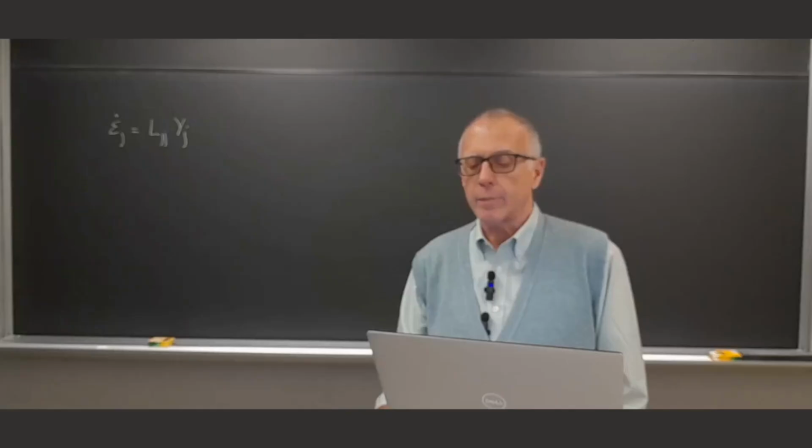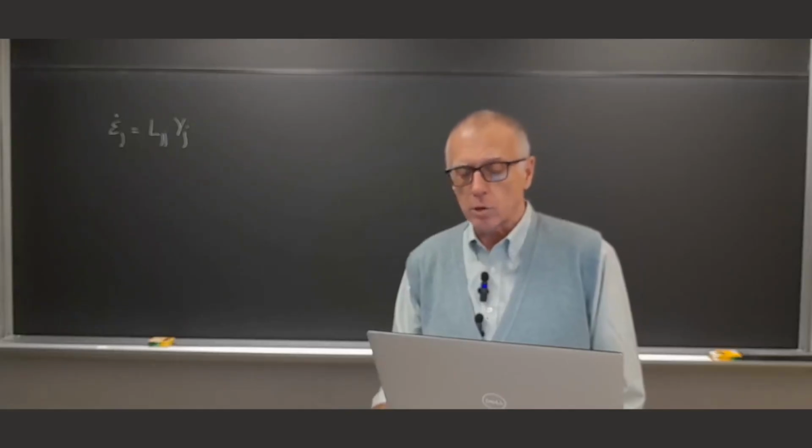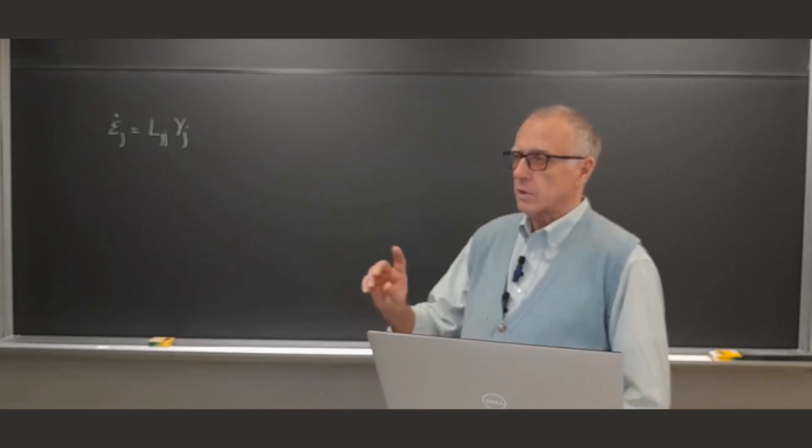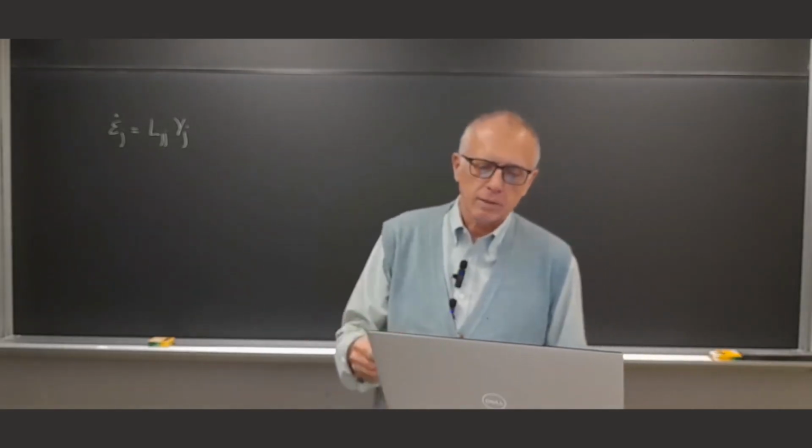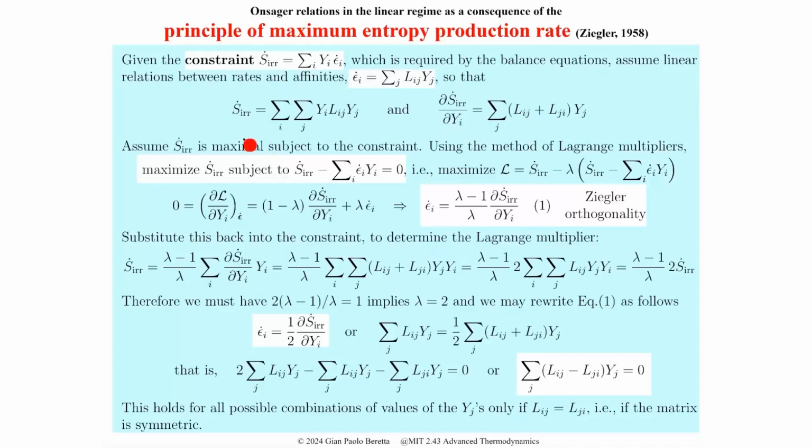I do not know if they are equal or not. I'm not assuming it. I want to prove that if you assume that this rate of entropy production is maximal, subject to that constraint, then we prove the symmetry.